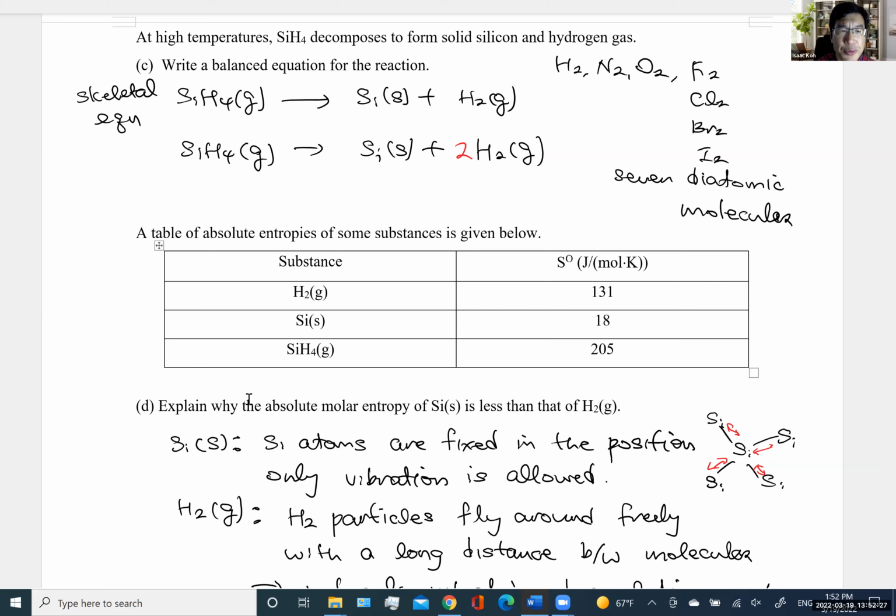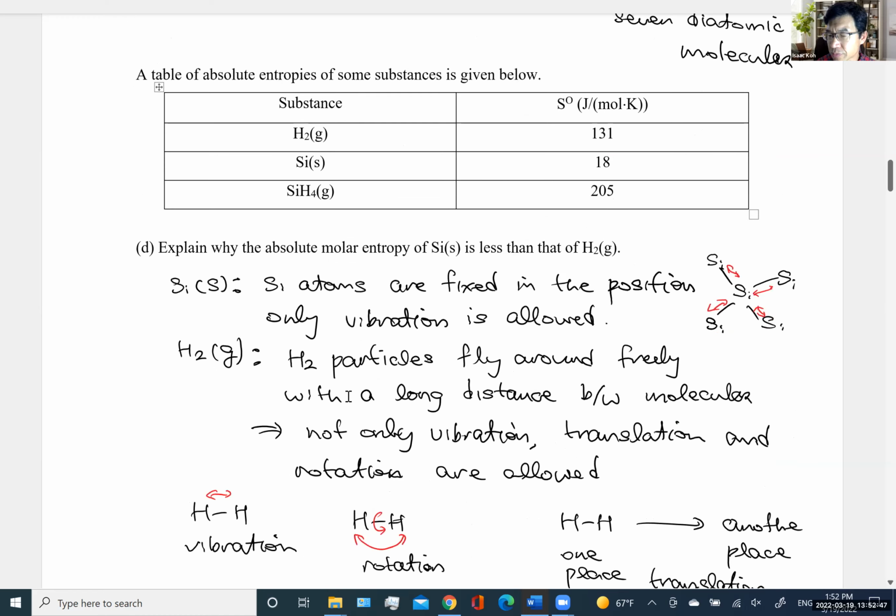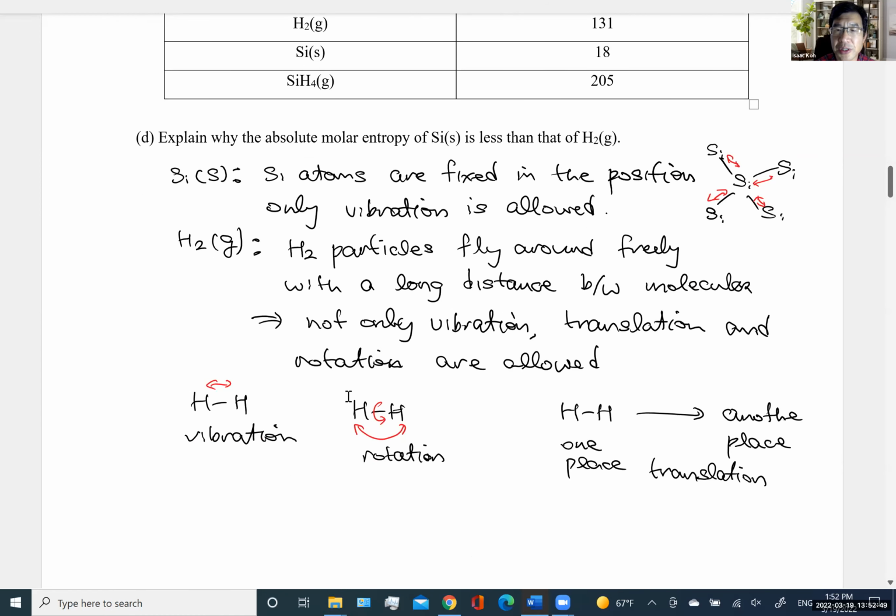A table of absolute entropies of some substances is given below. For hydrogen, silicon, and silicon tetrahydride, the absolute entropies given are 131, 18, and 205. Problem D, explain why the absolute molar entropy of silicon is less than that of hydrogen. Let's focus on the state.